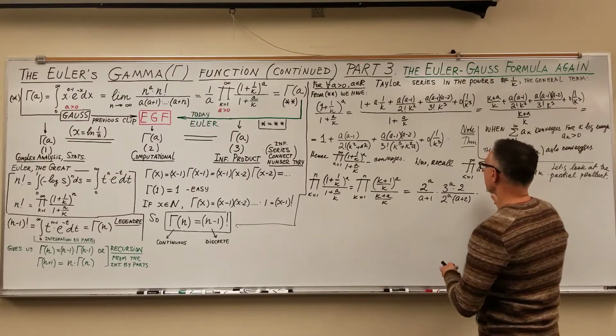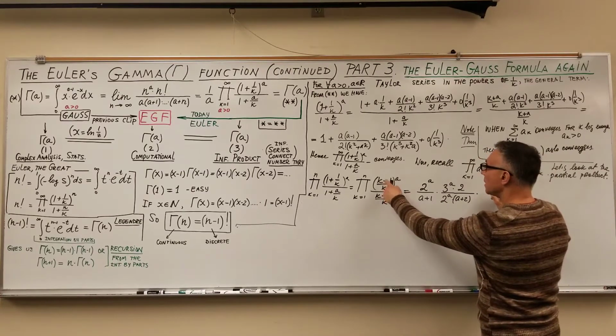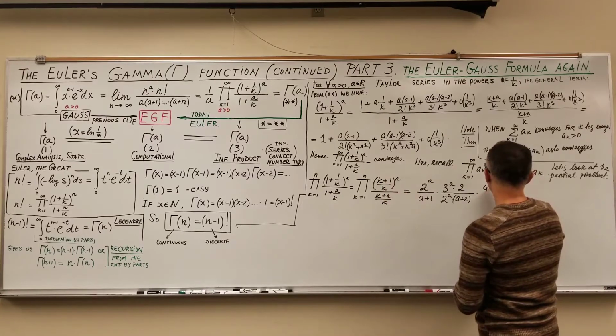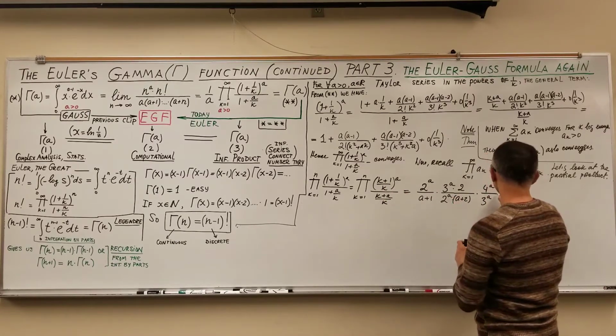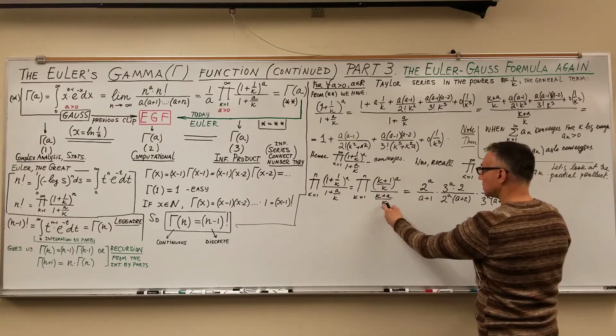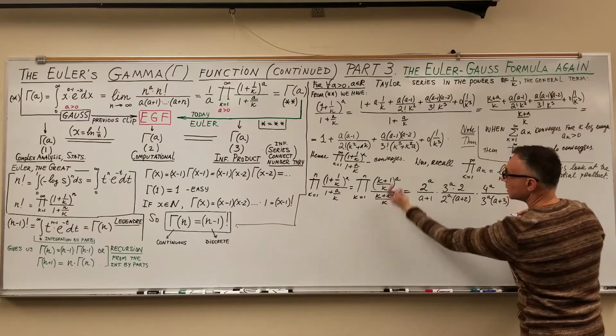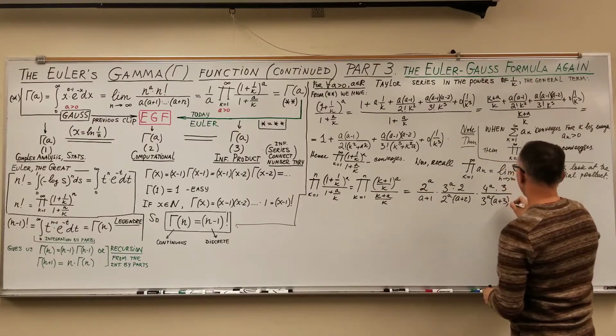When k is 3, it will be 4 over 3, 4 power of a, 3 power of a. Here will be a plus 3 over 3, 3 goes up top. And so on.